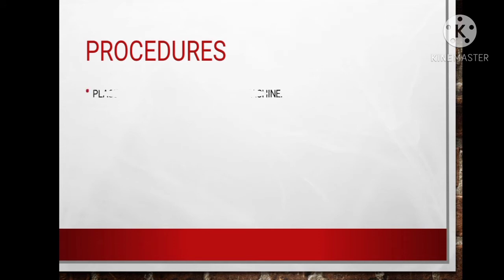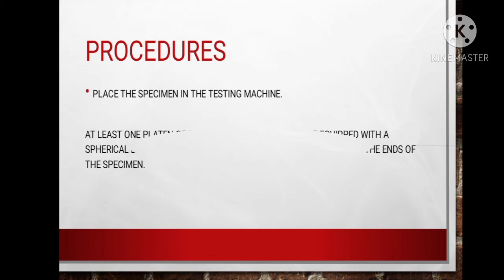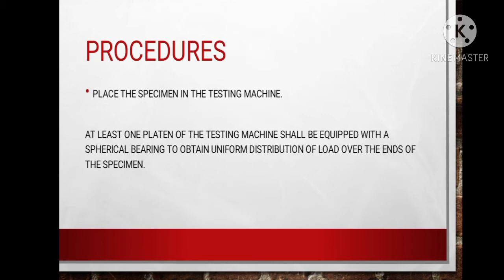For the next procedures, place the specimen in the testing machine. At least one platen on the testing machine shall be equipped with a spherical bearing to obtain uniform distribution of load over the ends of the specimen.